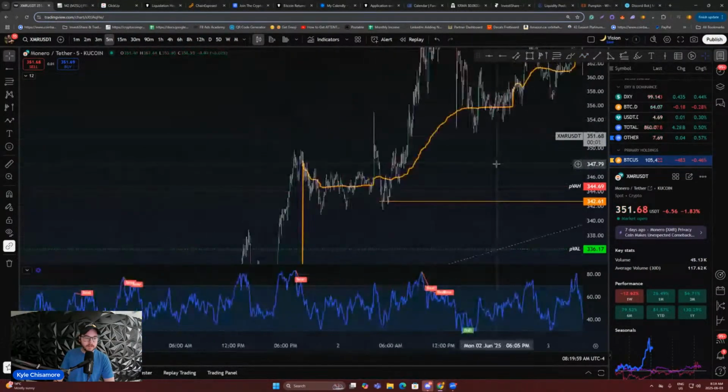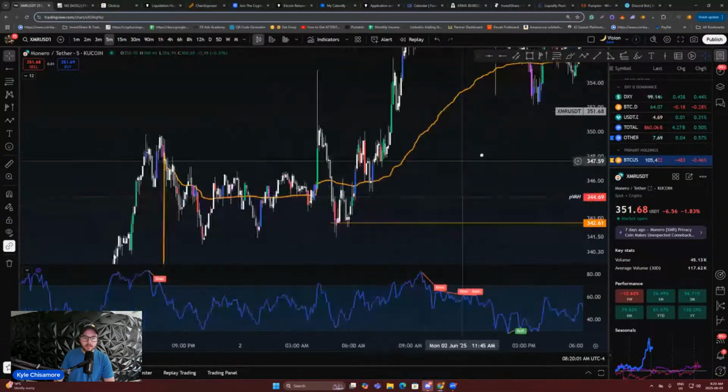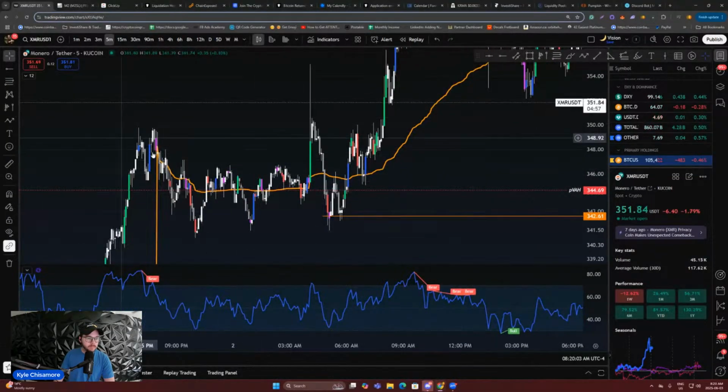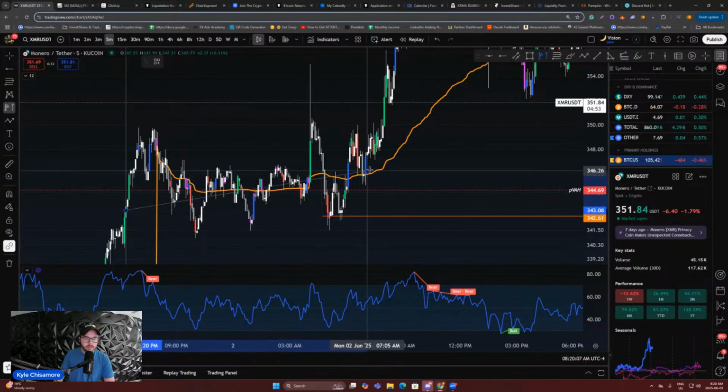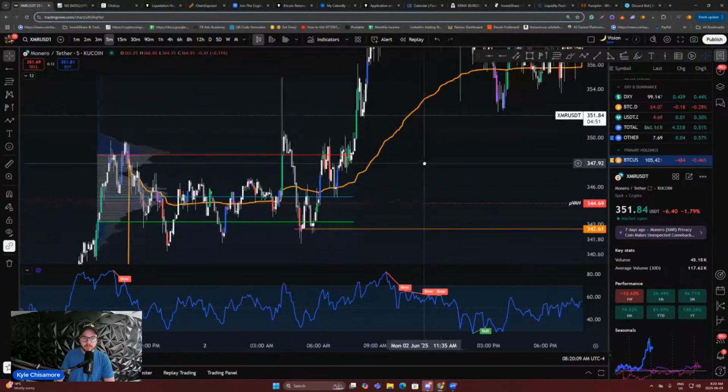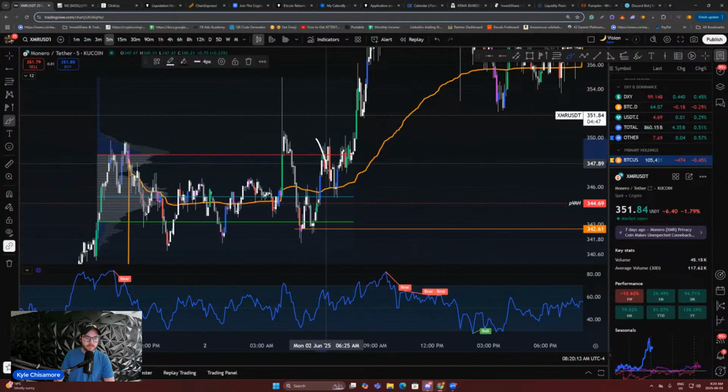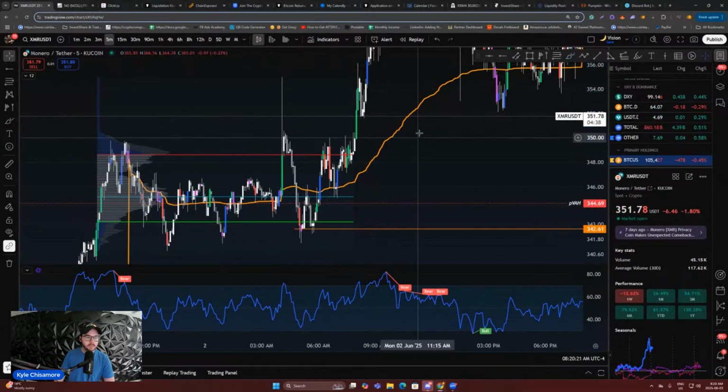But then we ended up getting a break of structure outside of the local value area here. Let me just pull a fixed range from here to here. This is the break of structure I was talking about, and we came up, we got another one internally. Then we broke out, got another continuation break of structure.